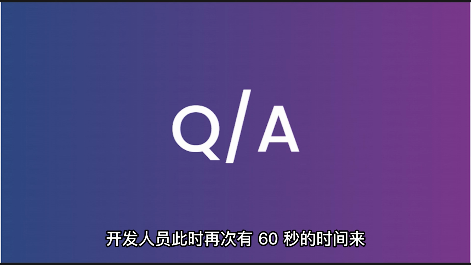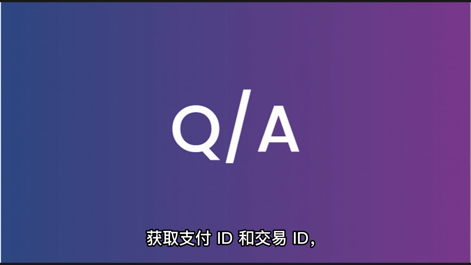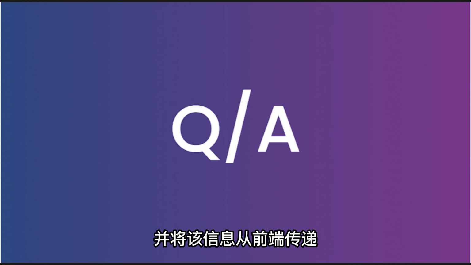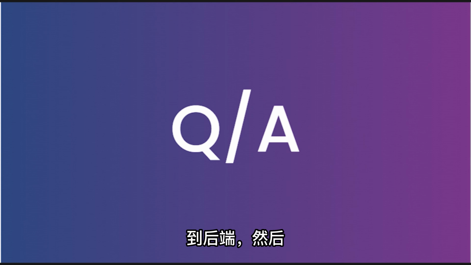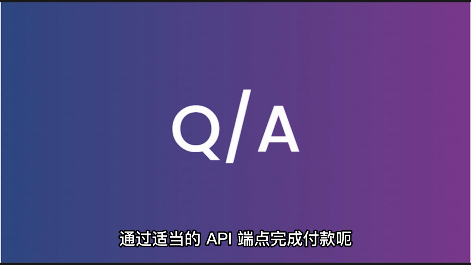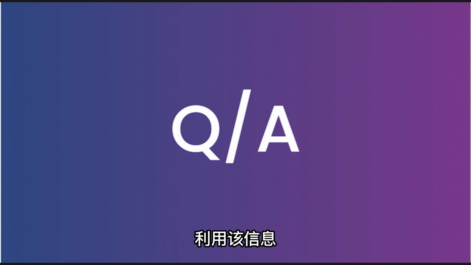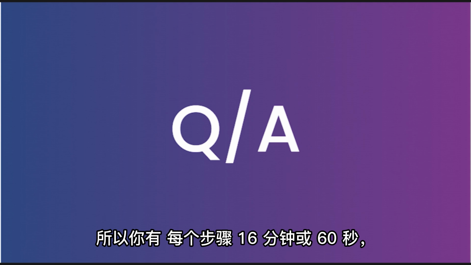And once again, the developer has 60 seconds to get the payment ID and transaction ID and pass that information from the front end to the back end, and then complete the payment via the proper API endpoint, utilizing that information. So you have 60 seconds at each step.